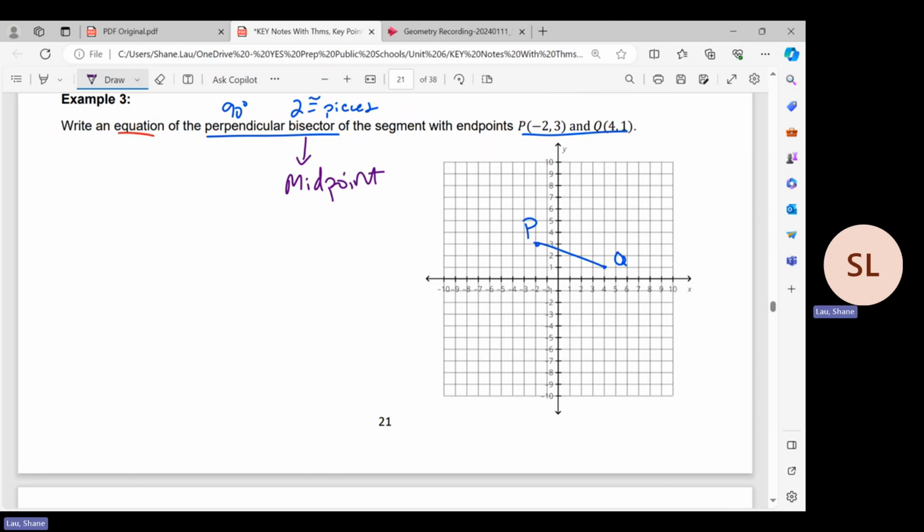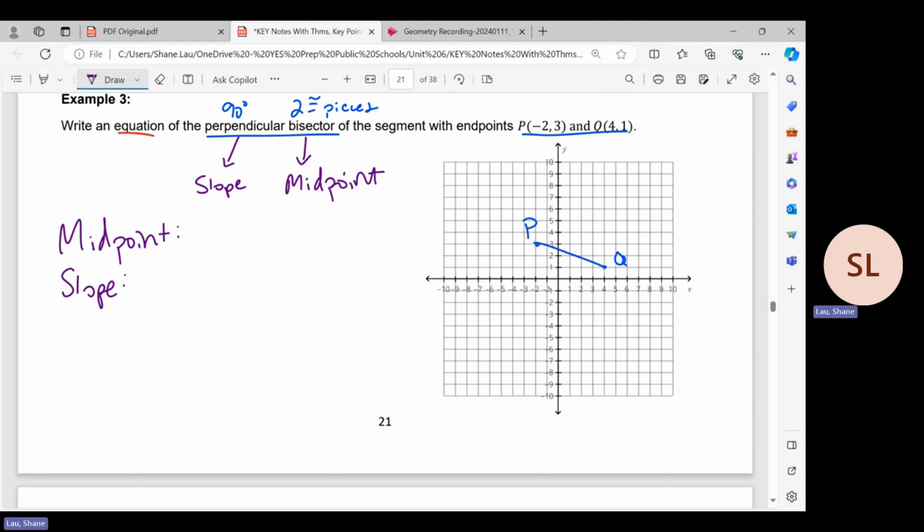The bisector needs a midpoint to make sense. But then perpendicular, we need to find the slope in order to make this make sense. So we're going to do it in that order. We're going to find the midpoint, and then we're going to find the slope. We have a little bit of a twist with that slope in just a second.